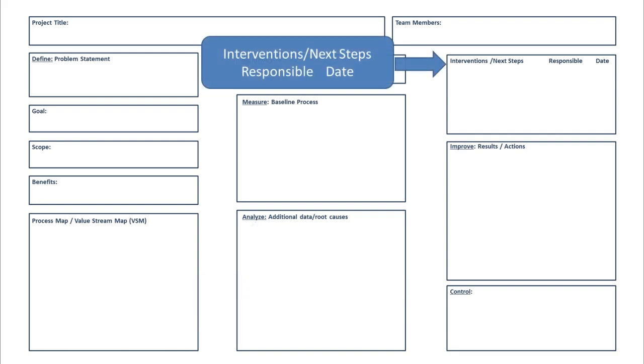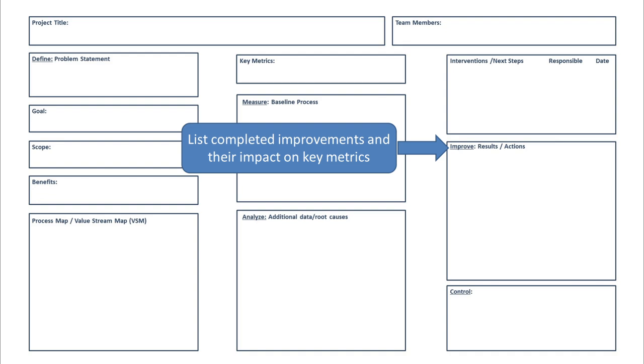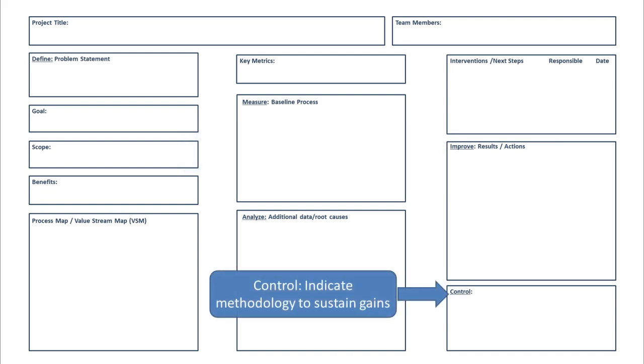The steps you took to solve the problem go here. This is a good place to put in the people responsible for each intervention as well as deadlines. Here you list completed improvements and the impact of your work on project metrics, the improve phase in DMAIC. And finally, in the last box, you share your plans to sustain your results and maintain the gains. This is the control phase in DMAIC.